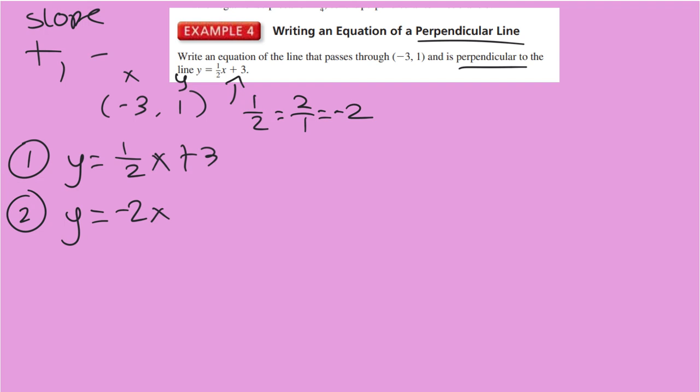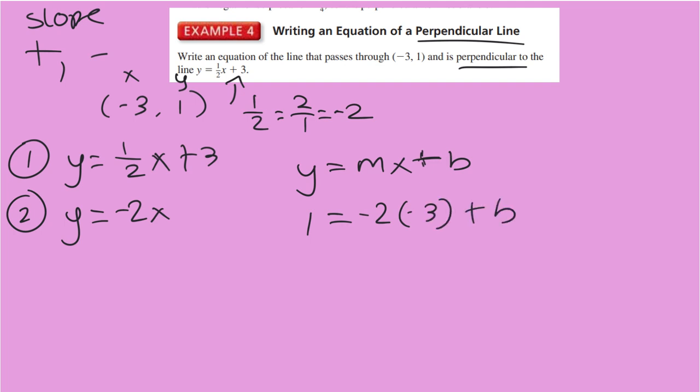So again, you could use your slope-intercept form or your point-slope formula. Y equals mx plus b. I'm going to use the slope-intercept. Y is what? 1 equals, and my m is -2. The line given to us only really helps us determine our slope, but we're really using everything from our second line. -2 times x, which is -3, plus b.